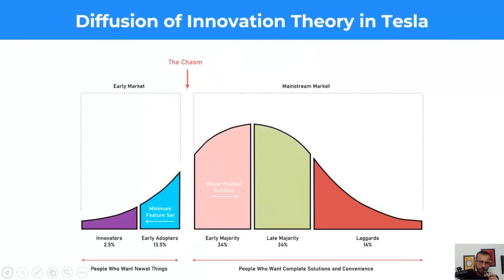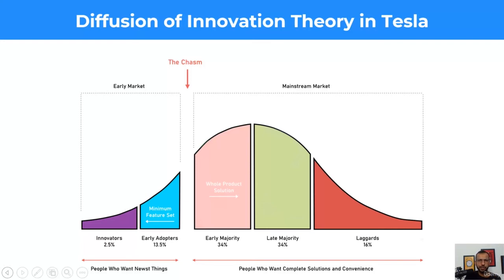Now let's quickly have a look at the early market and the mainstream market. So between 2005 to 2010, Tesla, your iPhone, your Facebook, all were in the early market, which means all these technologies, products, and innovations were used by people in the innovators or early adopters category.